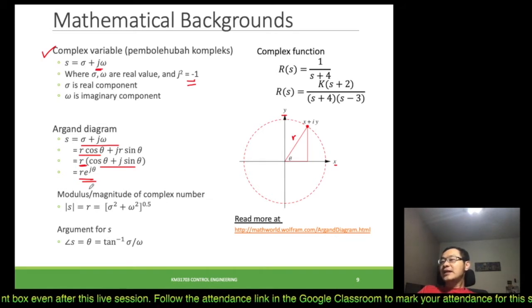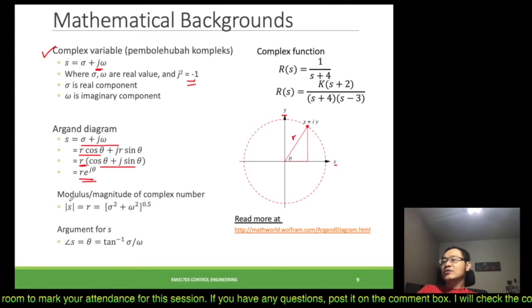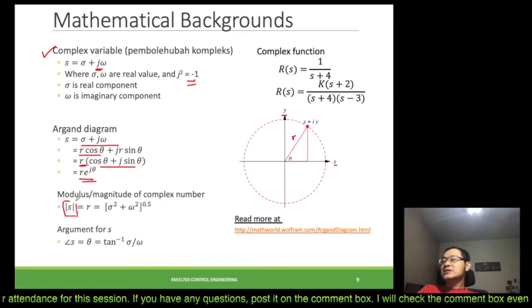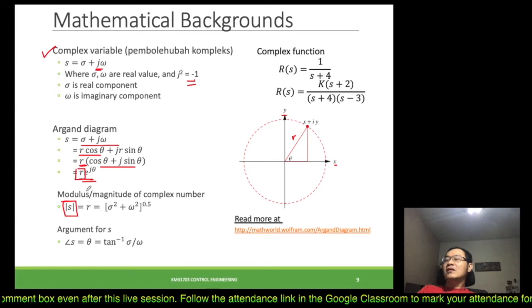In order to get the modulus or the magnitude of the complex number or complex variable itself, we represent that as a modulus, and that modulus will have the value of r. So this is our modulus r.